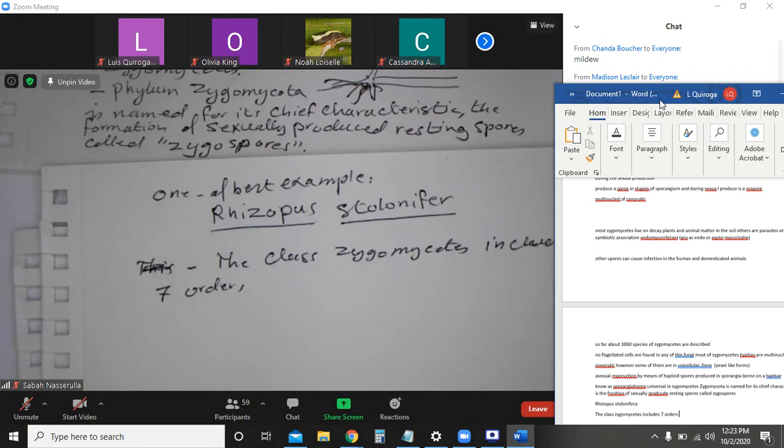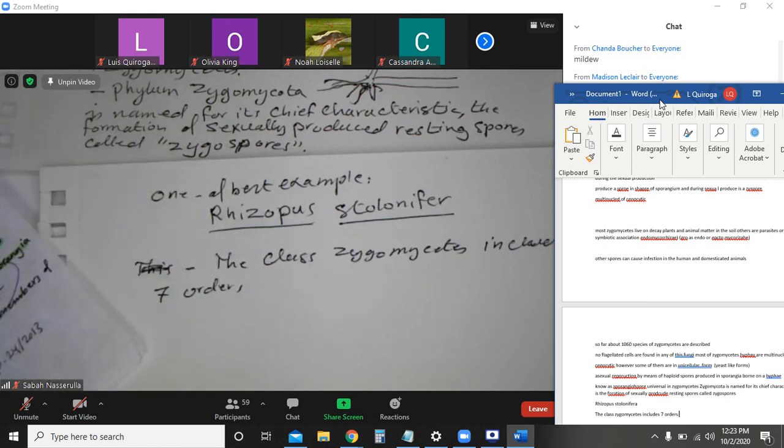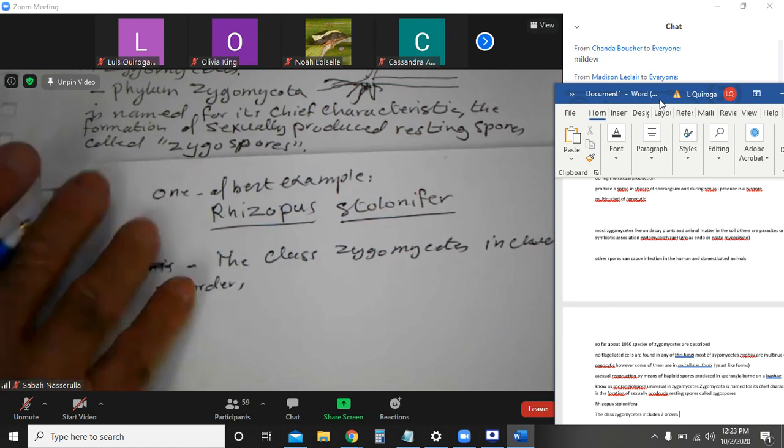Just a second. Because all the time, I prefer to show you the transparency on scientific here. All right.